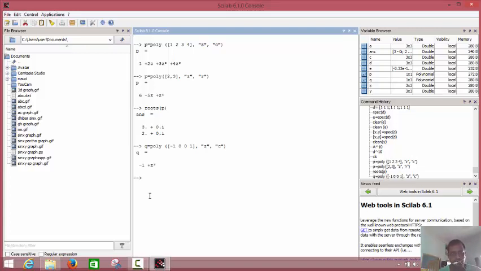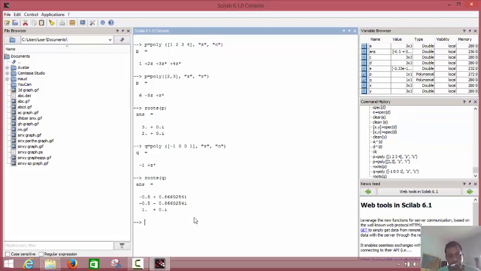So it is z cube minus 1. The roots of this equation are the cube roots of unity. So the roots of q, these are the cube roots of unity.